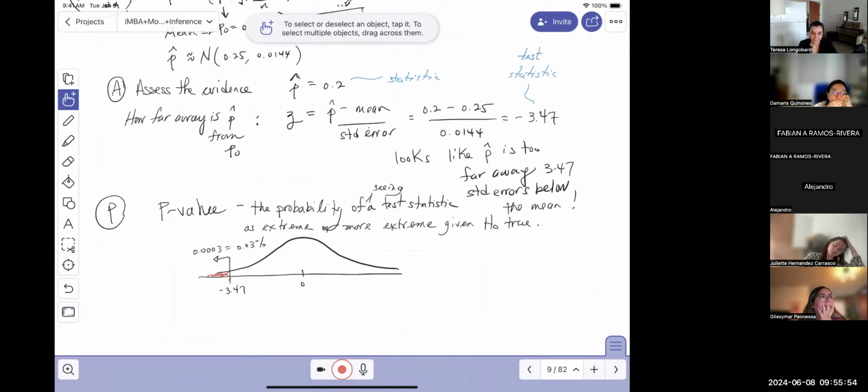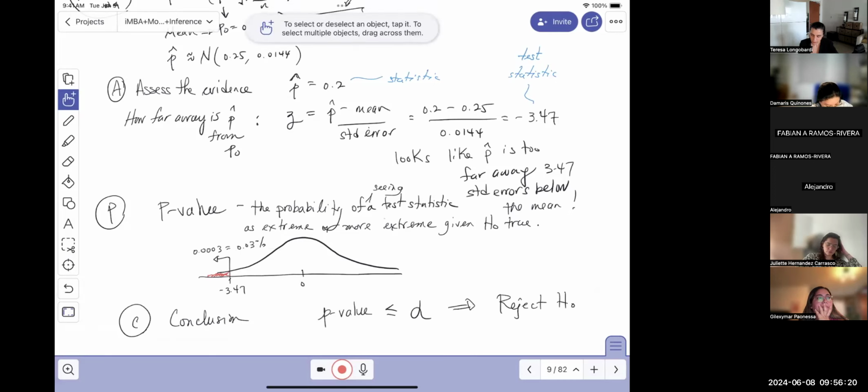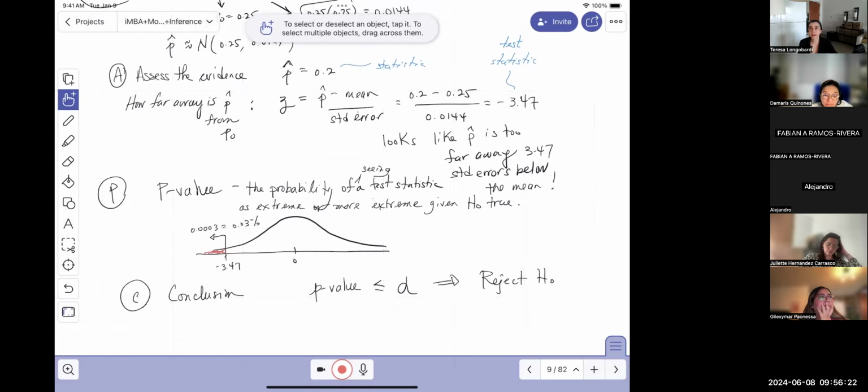In practice, we usually use a standard for concluding. This is the concluding step. We use a standard that the p-value should be less than a certain amount for us to reject our null hypothesis.